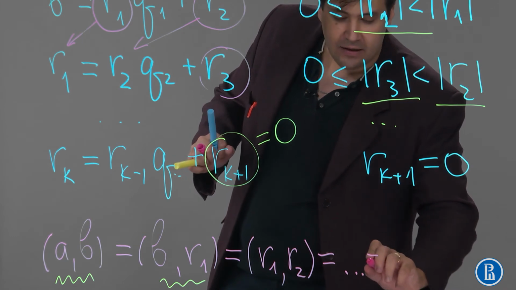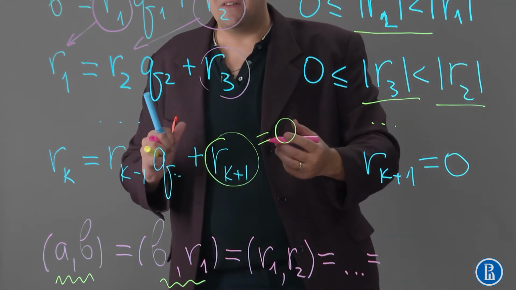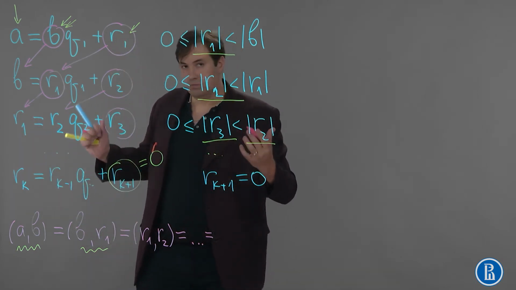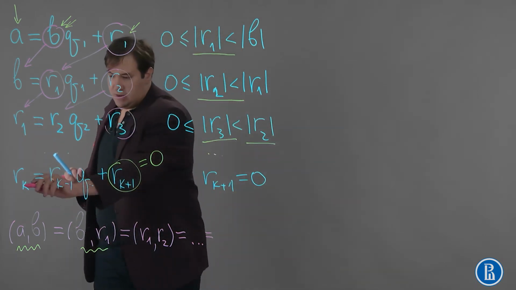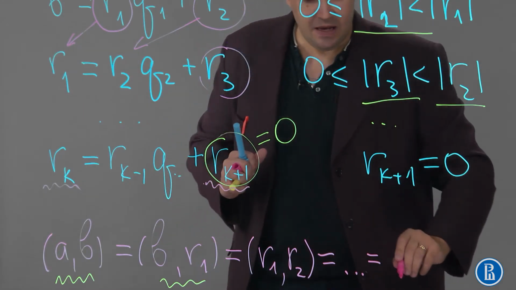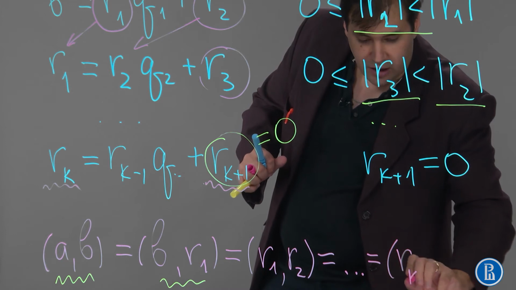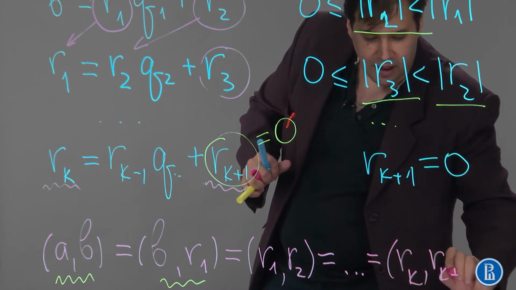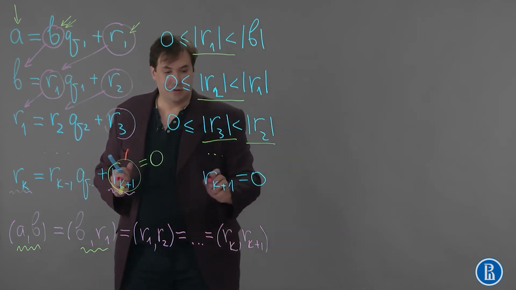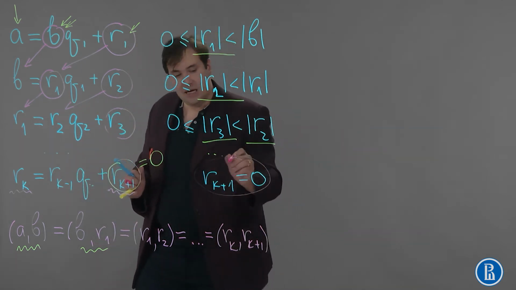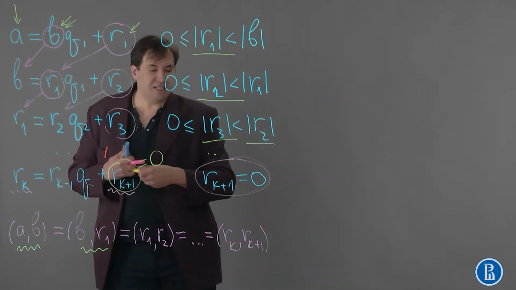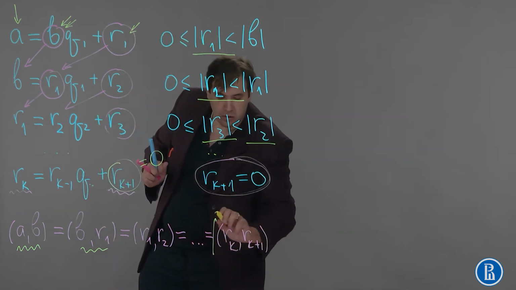And finally, we get the greatest common divisor of the final two remainders, Rk and Rk plus 1. Since Rk plus 1 is equal to 0, this is simply equal to Rk.